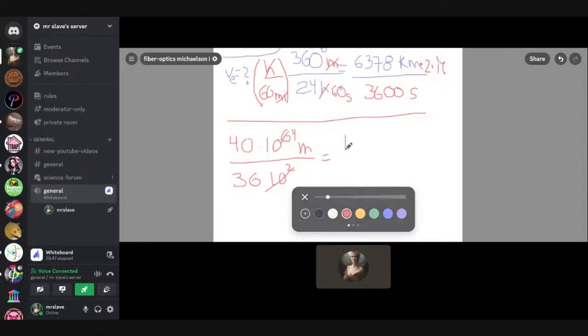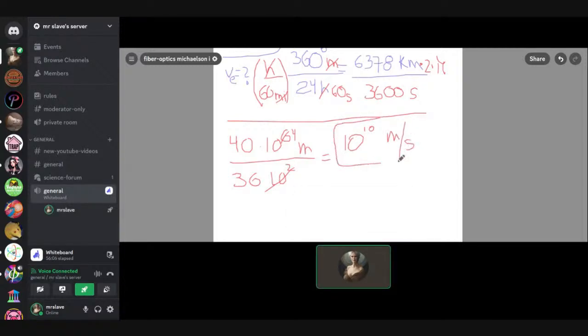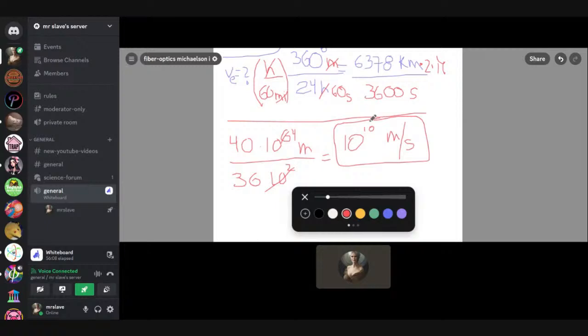So it's about 1 million times 10. 1 million is 6, so it's 10 to the 10th meters per second. That's the velocity? 10 to the 10th meters per second?